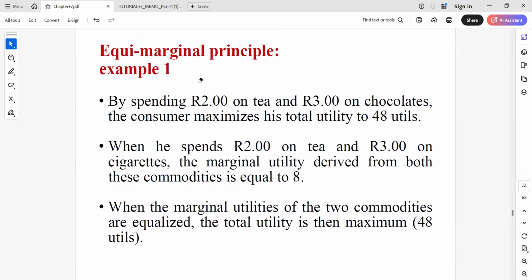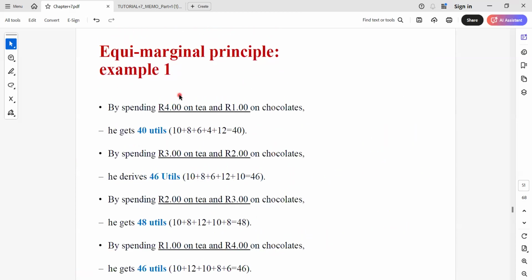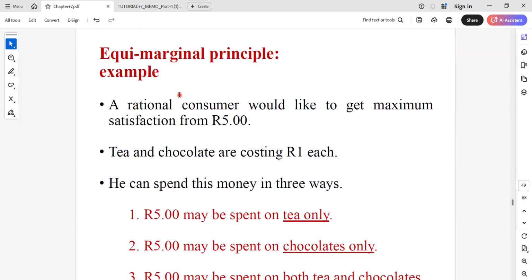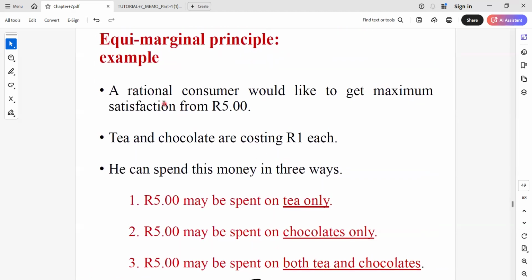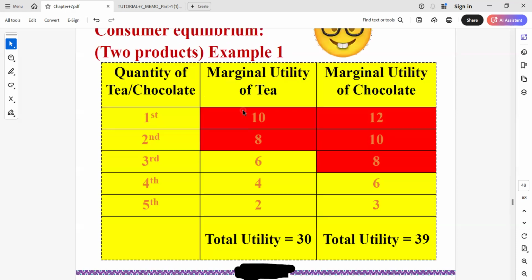So what are they saying here? Let me just go back. 2 rand on tea and 3 rand on chocolate. Okay, I think they're answering this first question to say a rational consumer would like to get maximum satisfaction from 5 rand. So this consumer can purchase which combinations?